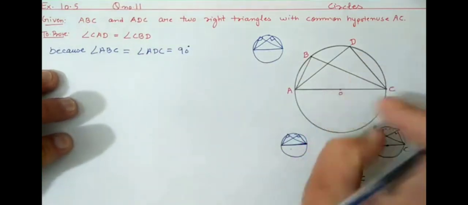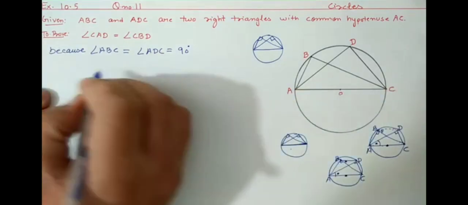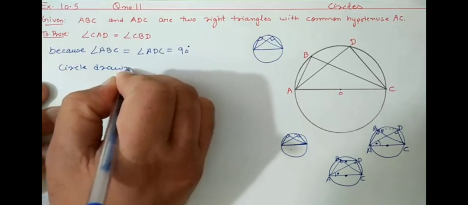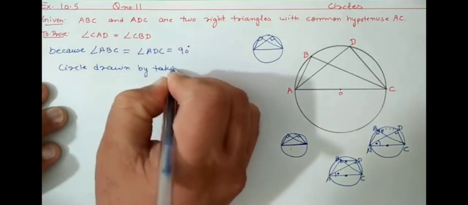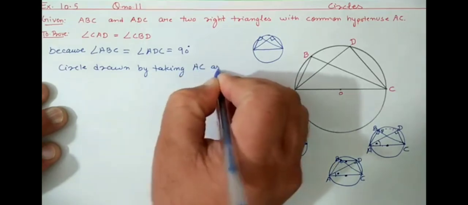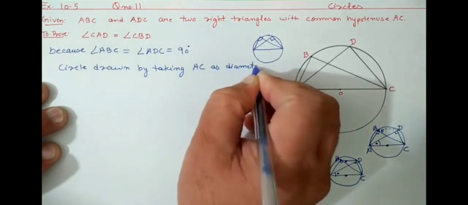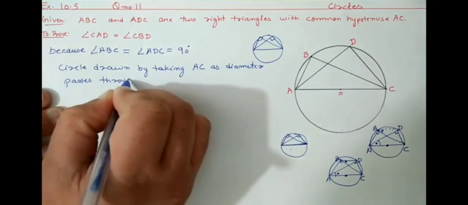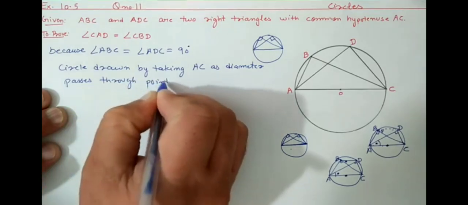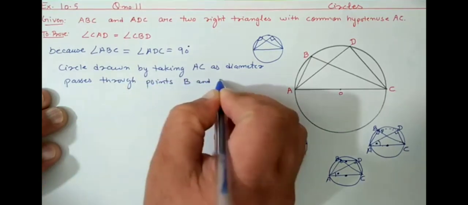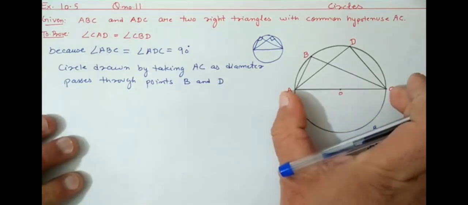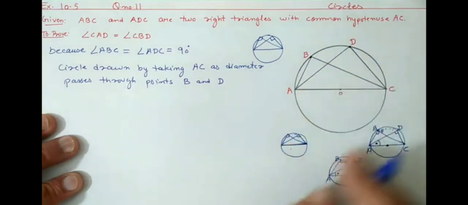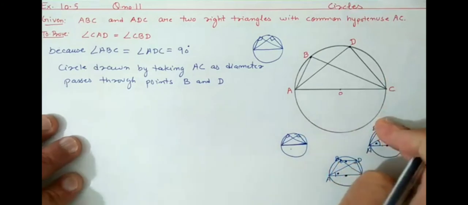Therefore, the circle drawn by taking AC as diameter passes through the points B and C and D. Definitely you can do this by practical construction also. Now both the angles are equal to 90 degrees because these are angles subtended in the semicircle.